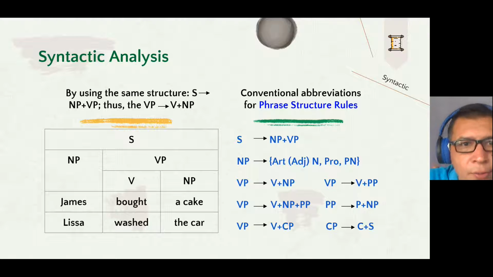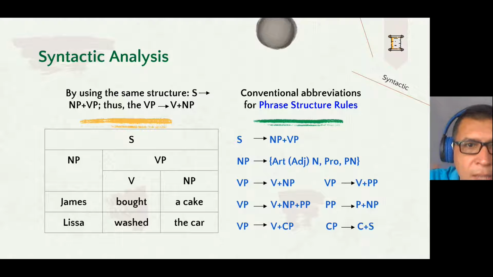Trying to understand this better, we have here a syntactic analysis of this formula in order to create many expressions by using the same structure. For example, this structure: sentence is read as noun phrase plus verb phrase. So a sentence must have these two components.